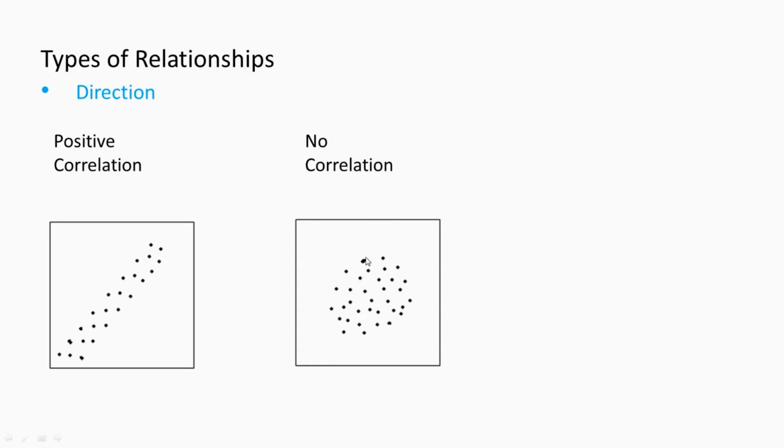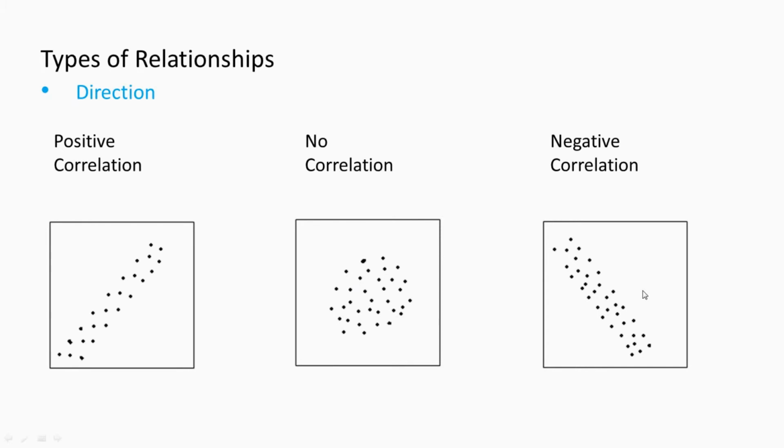Here is a negative correlation. If the graph has the line on this side, this is negative correlation, and this is positive correlation, and here no correlation.